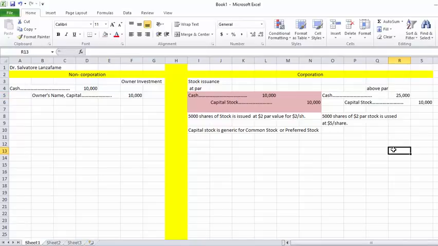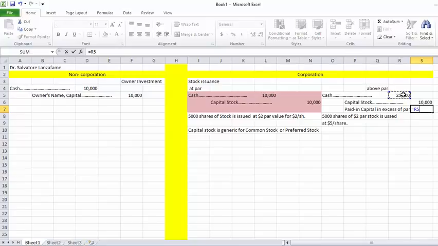Whenever you issue stock above par, we need some help. And they created an account called paid in capital in excess of par. Basically you would put the difference between the cash of $25,000 and the par of $10,000. So we would go 25 minus the 10, and we have $15,000.